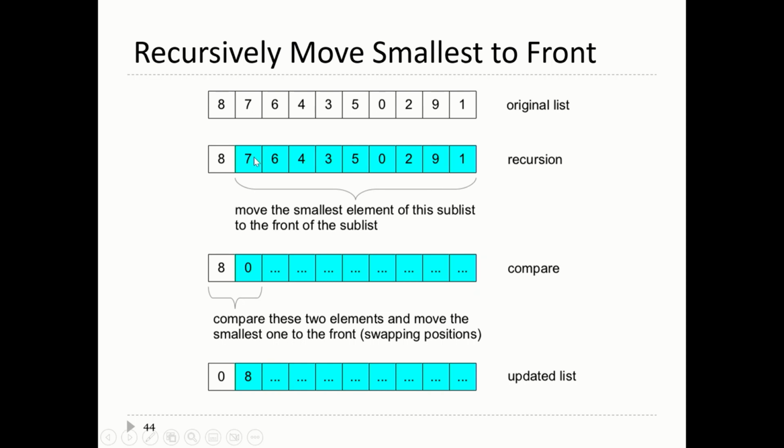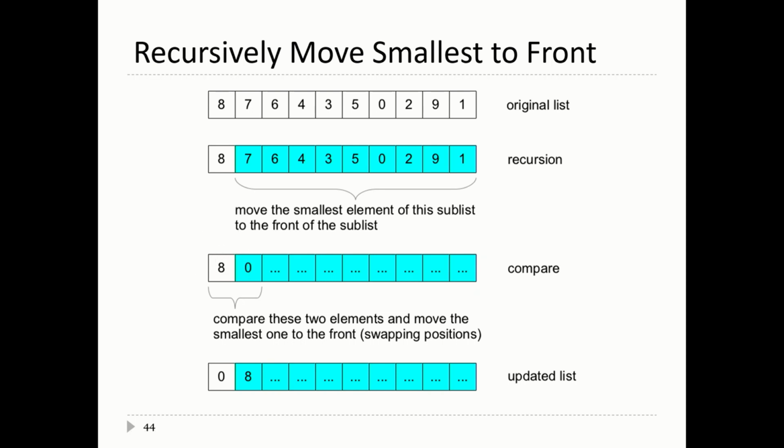I don't care how you do this. We don't care how the recursive method does this. All that we care about is that the recursive method is going to move the smallest element to the front of the list. So the 0 comes to the front, and we don't care what the rest of the values are. Okay. Now I've got an 8 and a 0: the original 8, and the smallest element in the rest of the list.